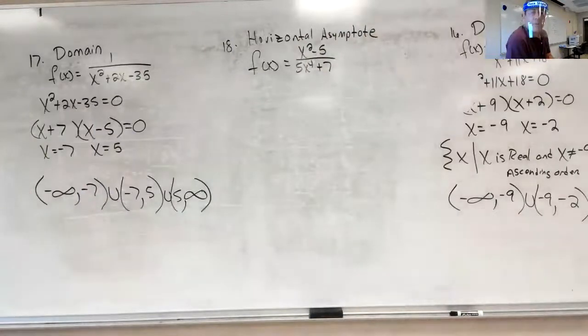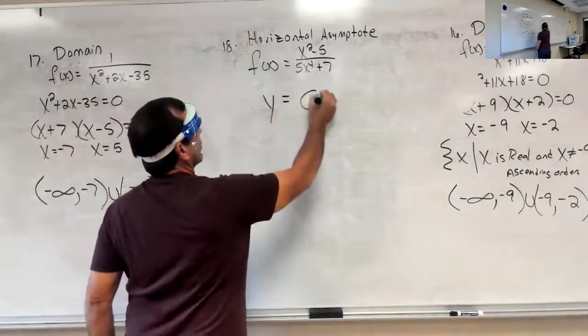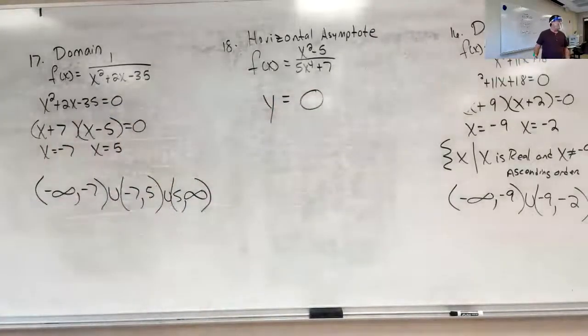So y'all, for horizontal asymptotes, look at the degree of the top versus the degree of the bottom. Which one's bigger? The bottom one. So when the bottom has a higher degree than the top, what's my horizontal asymptote? 0. And we're done. If they're even, then it looks at the numbers in front. And if the top's bigger, there is no horizontal asymptote, okay?